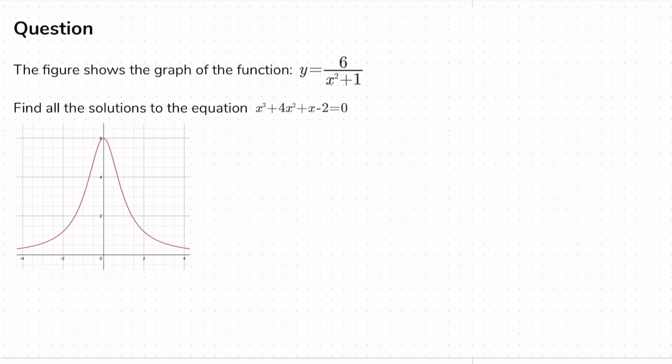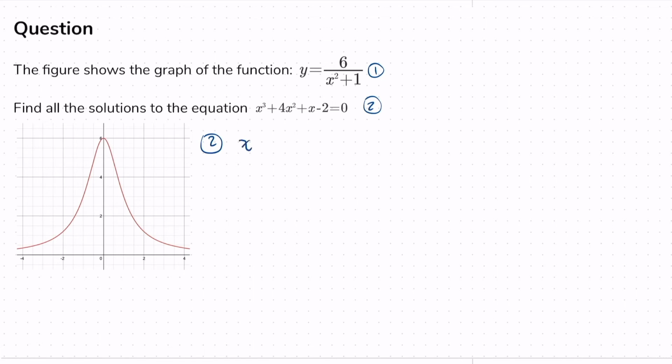So we've got our two expressions again, one up here, two up here. And we're trying to find the solutions to this equation, or the roots of this equation. We're going to play around with number 2, and we're going to try and make it something equal to 6 over x squared plus 1. And I have no idea, really, how to do this ahead of time.